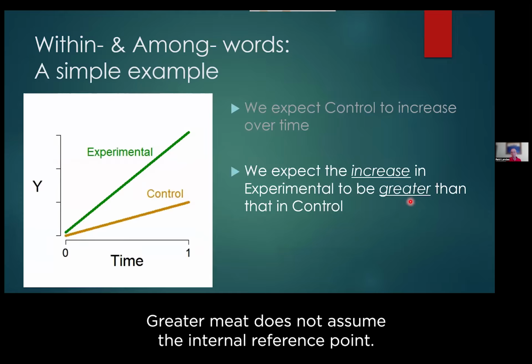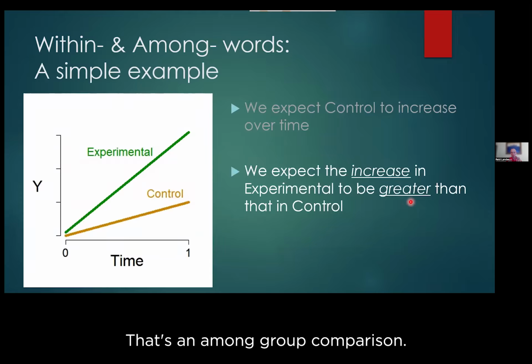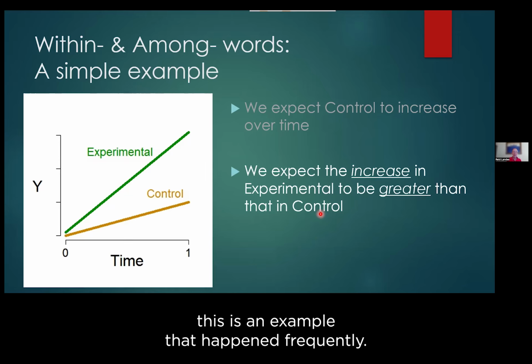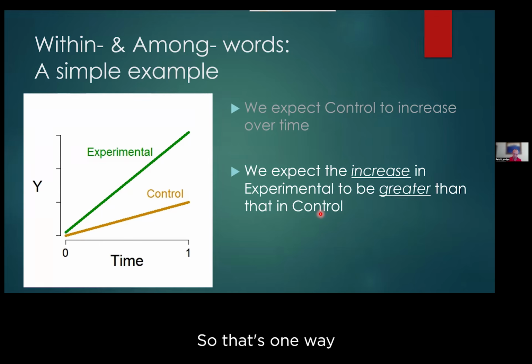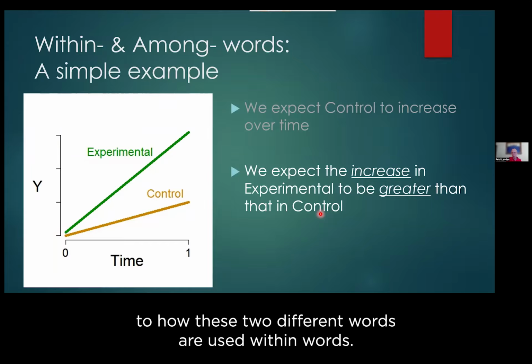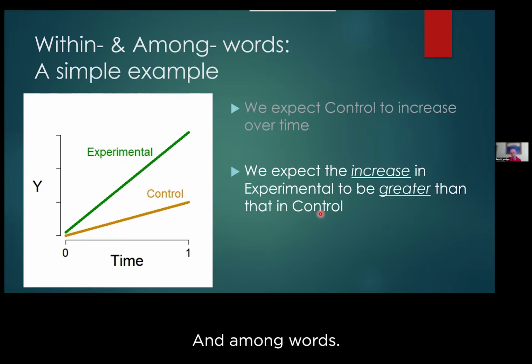That word greater does not assume that internal reference point. That's an among group comparison. I'm comparing the experimental group to the control group. This is an example that happens frequently. So that's one way these two different words are used, the within words and the among words.